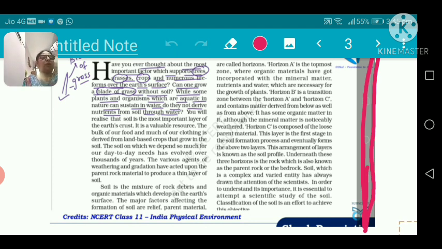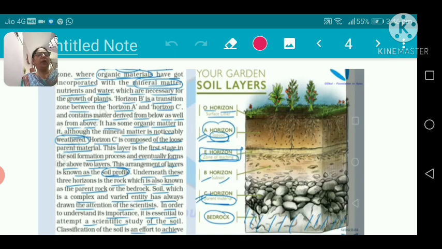Horizon A is the topmost zone of the soil, where organic material has got incorporated with mineral matter and different types of nutrients. Here horizon A is circled, right? It is the uppermost part of the layer of the soil, and it is formed by organic matter, petty rocks and weathering, right?